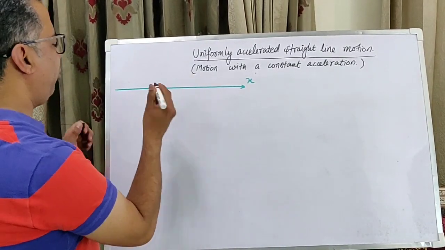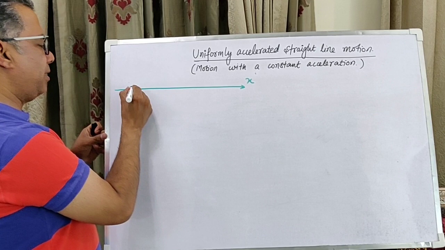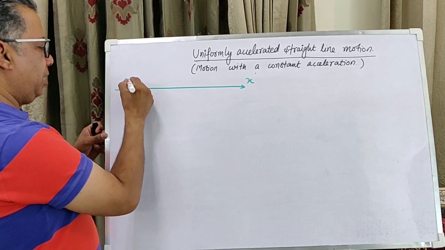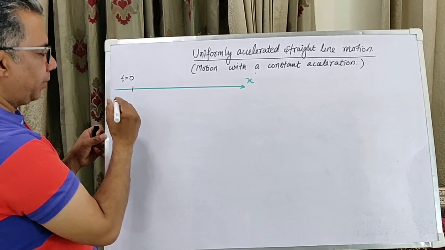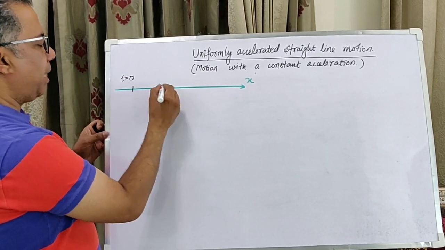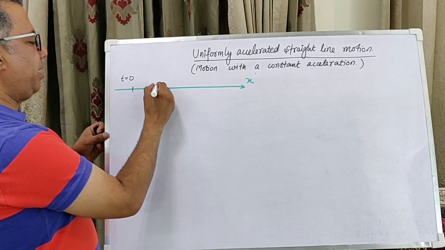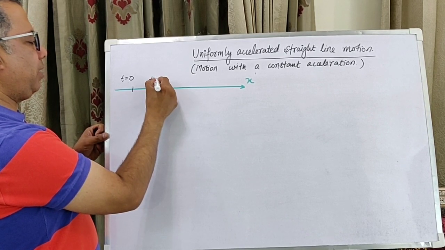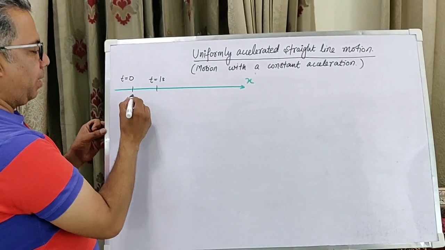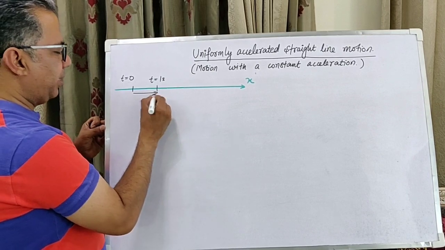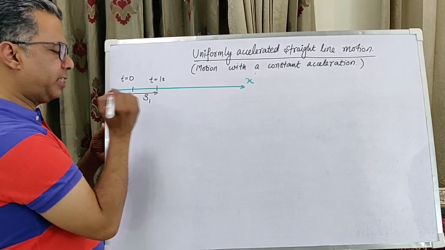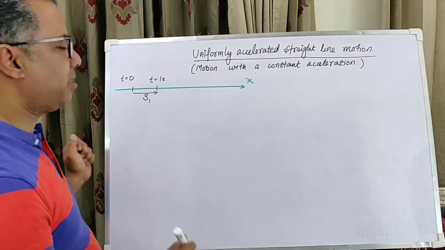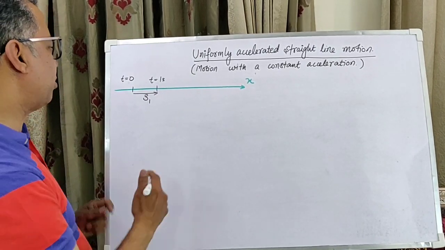Now we observe that the particle is here at time equal to 0 and then it is observed here at time equal to 1 second. Now this displacement here is the displacement during the first 1 second interval of the motion.